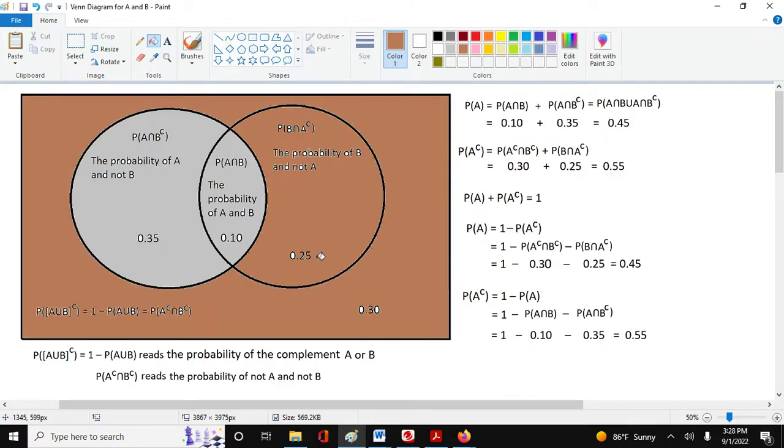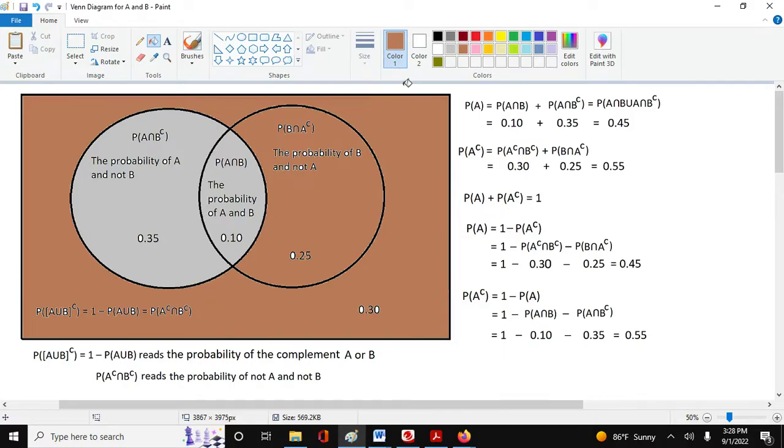So if we add these 2 together, 0.30 plus 0.25, we get 0.55. Now if we look at our formula here, we have probability of A, 0.45, plus probability A complement equals 1. So 0.45 plus 0.55 equals 1, as it should.